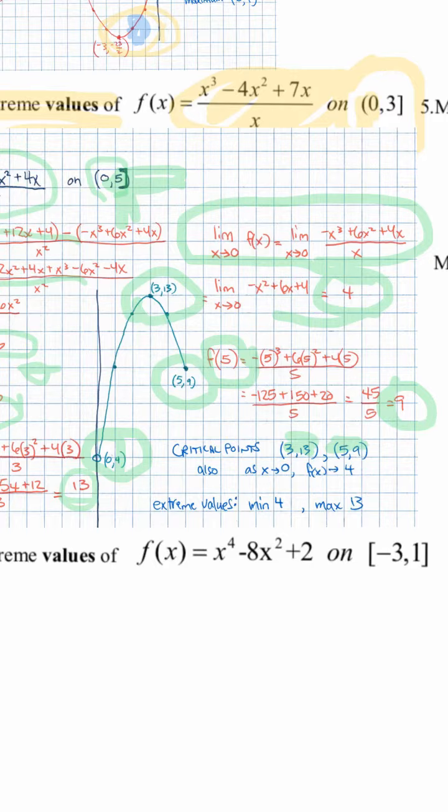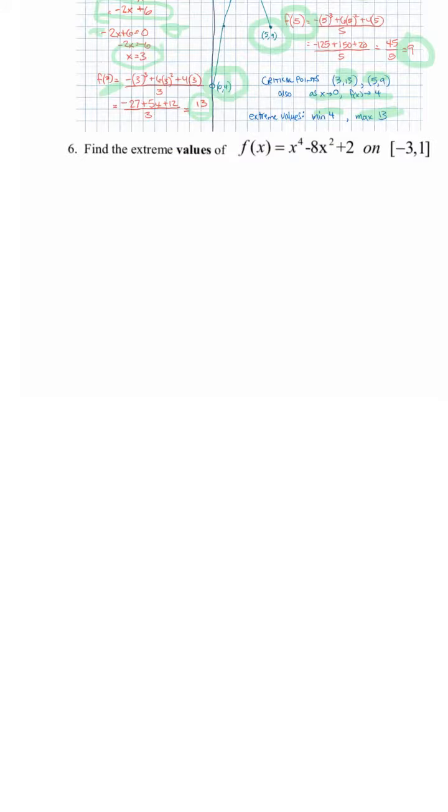I'm not really counting 0, 4 as a critical point because it's not really a point. But I will say that the extreme values of this function are 4 and 13 because the function does have a minimum of 4 on this interval, even though it's approaching 4, and it definitely has that maximum at 13.